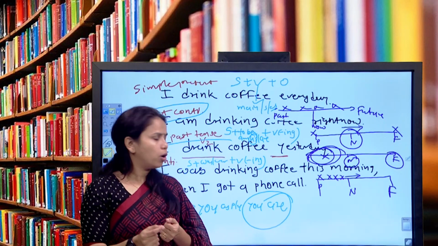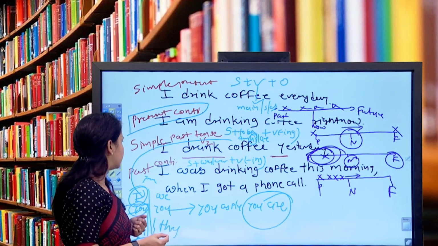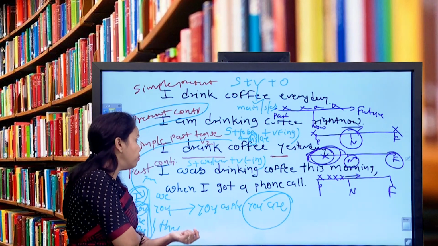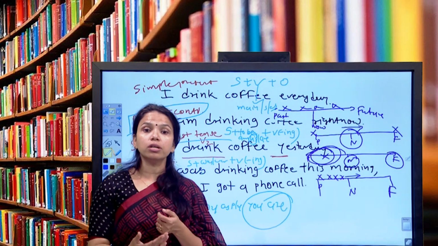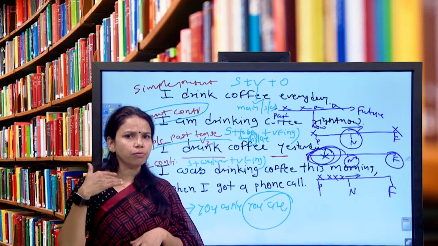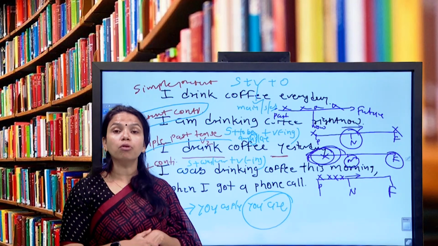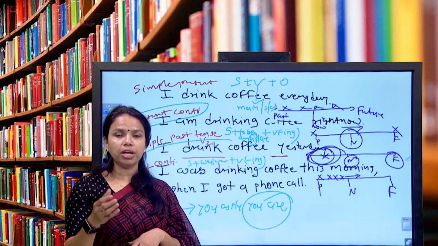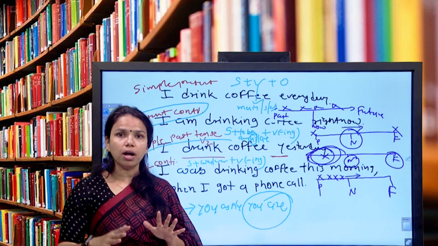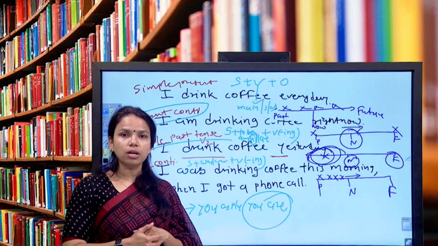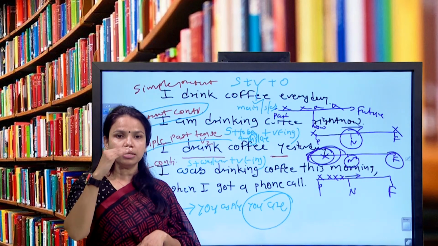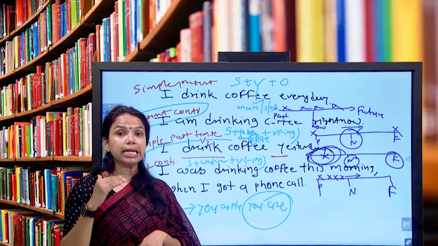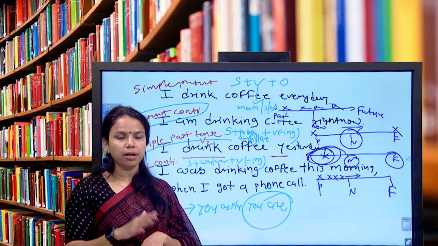I have already given you one example: I was drinking a coffee this morning when I got a phone call. So, when I got a phone call, at that time I was drinking a coffee. At that time my process of drinking a coffee was not over, it was going on, right? So, I hope these 4 tenses are clear in your mind, right?